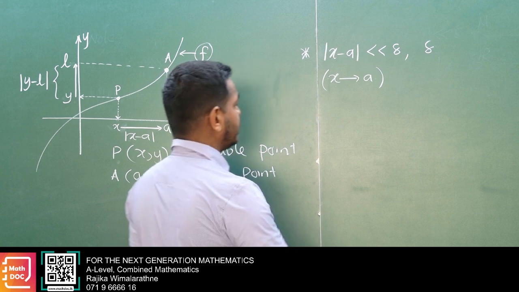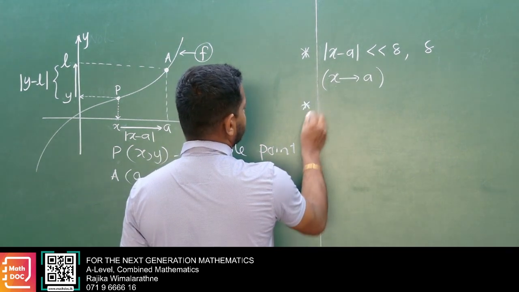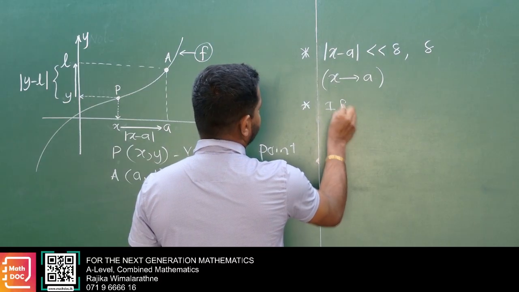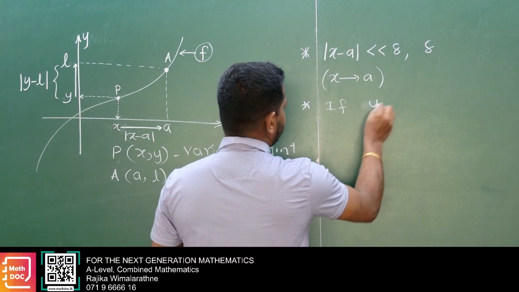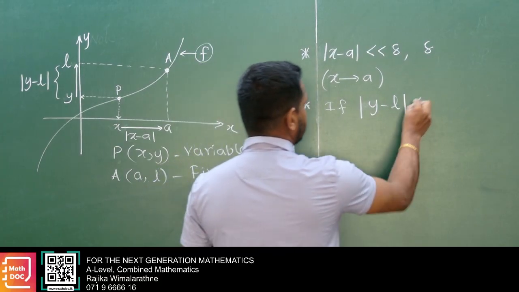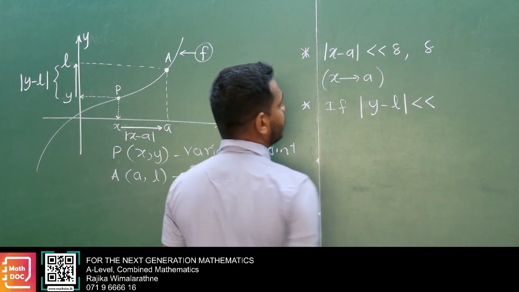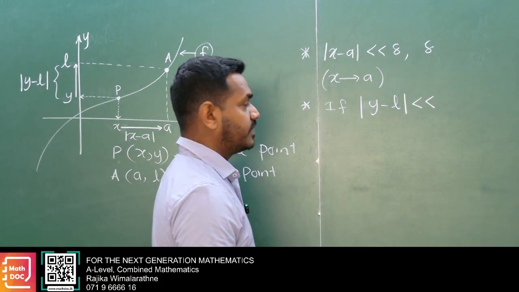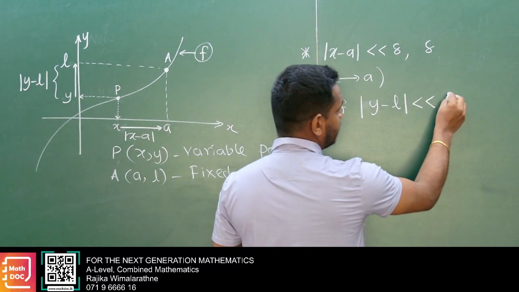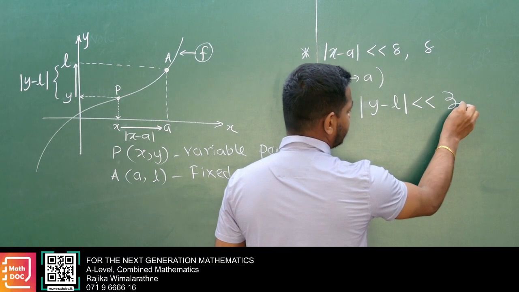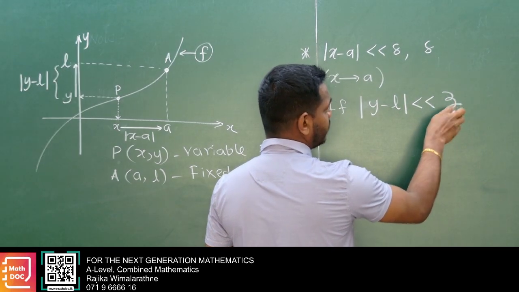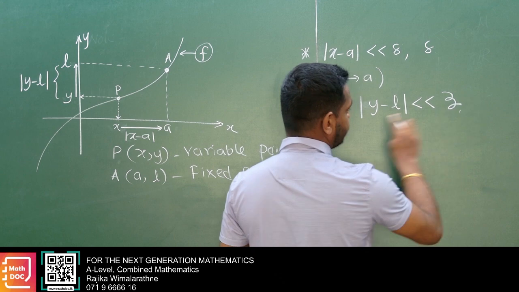Okay. Next line. If modulus of y minus L is less than, see this notation, here we call epsilon, that's also a very small value, okay, write that one.